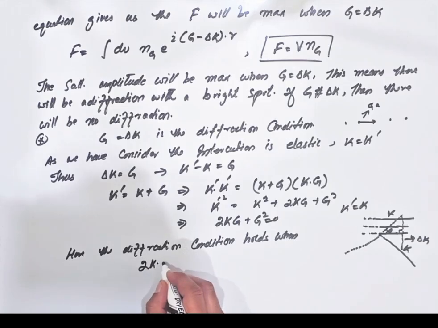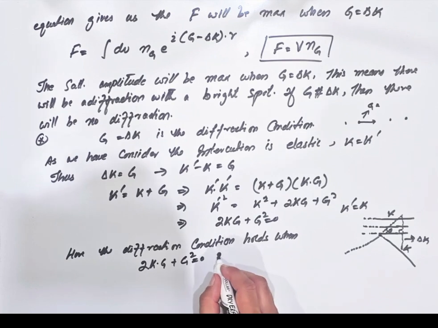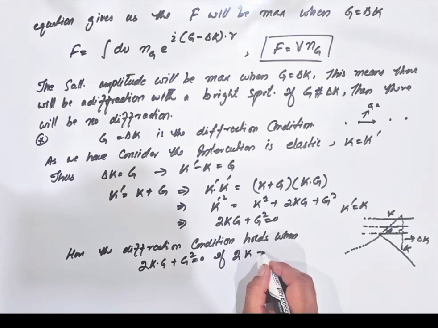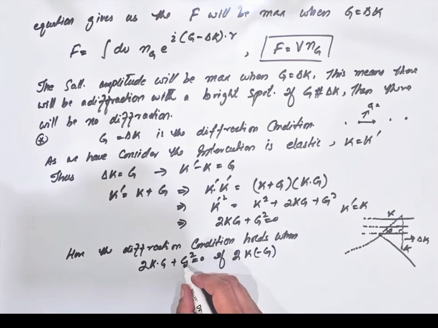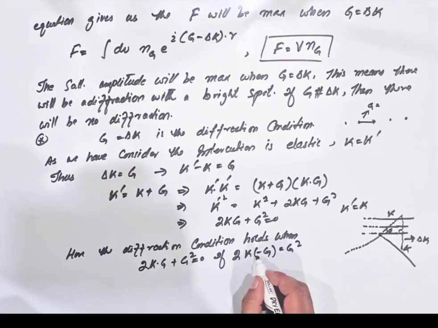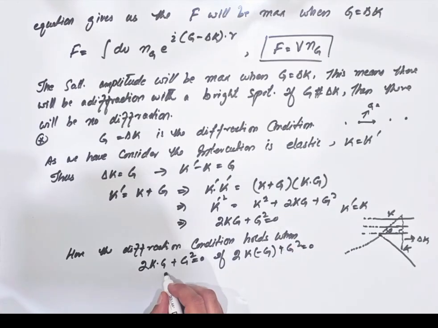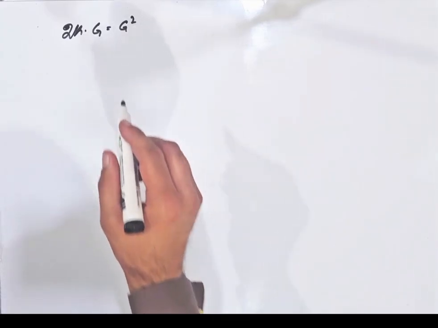So 2k dot G plus G square equal to 0. Replacing G with minus G, we have 2k dot G equal to G square. The equation 2k dot G is equal to G square.